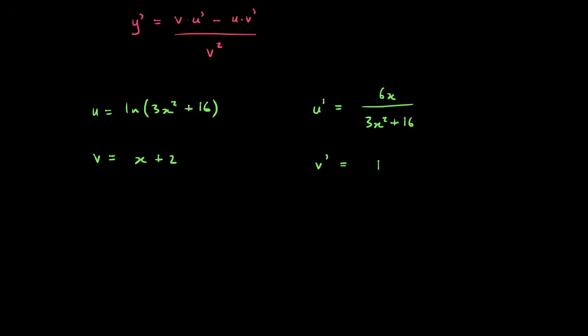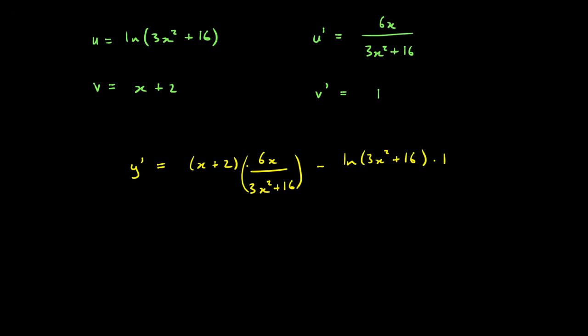So now we've just got to substitute all of this into the formula for the quotient rule. v is x plus 2 times u prime, which is 6x over 3x squared plus 16, minus u, which is ln(3x squared plus 16), times v prime, which is 1, and all divided through by v squared, which is x plus 2 all squared.